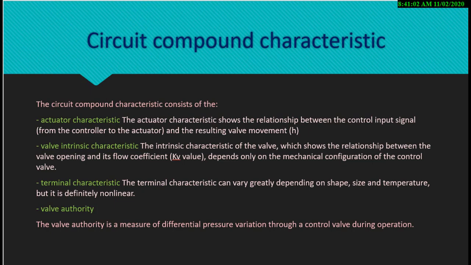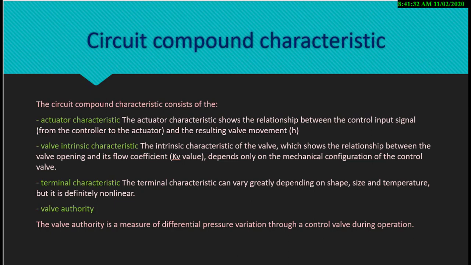Valve authority. The valve authority is a measure of differential pressure variation through a control valve during operation. The flow rate through a control valve depends on the differential pressure through the valve and its Kv value. The Kv value is given by the intrinsic characteristic of the valve at each of its opening levels.